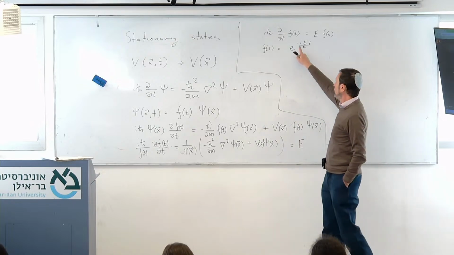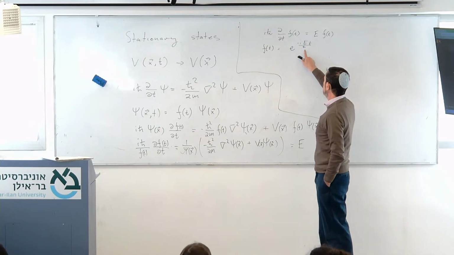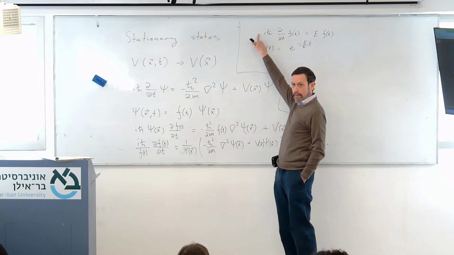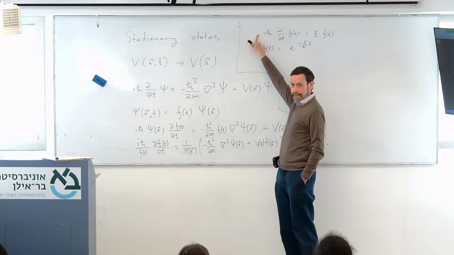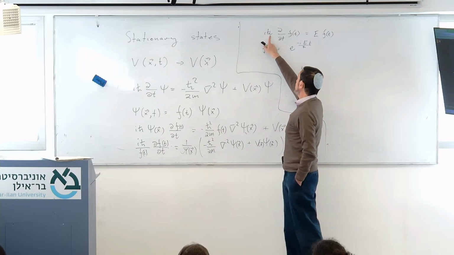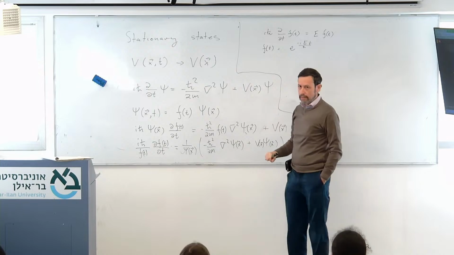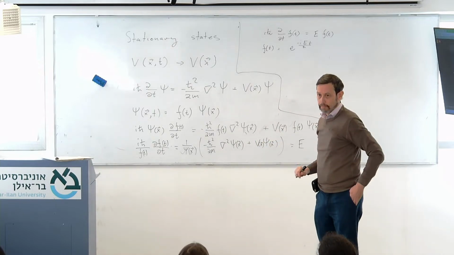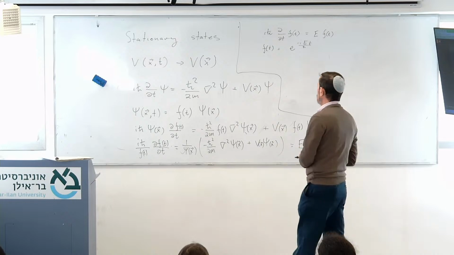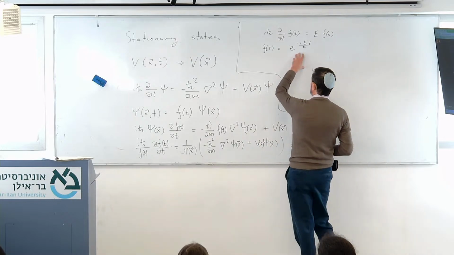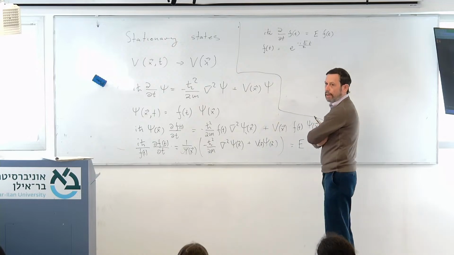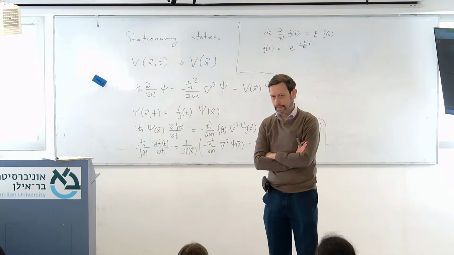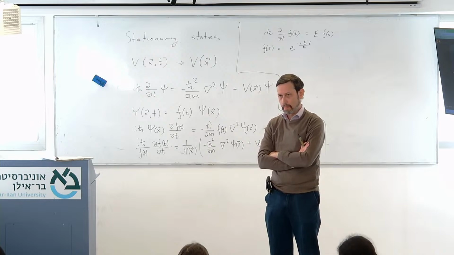All the derivative will give you is minus iE divided by h bar. Minus i times i is 1. So h bar is cancelled and you have E on both sides. Right, so the form of f of t is a very simple form under these conditions.